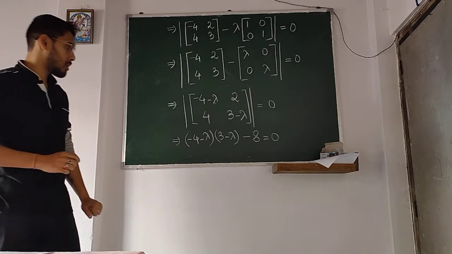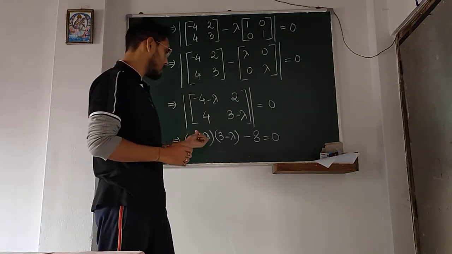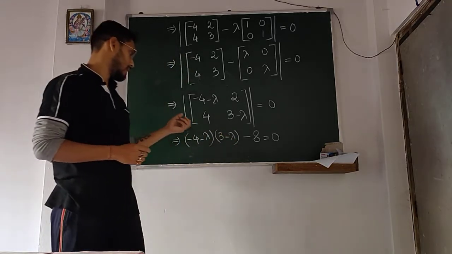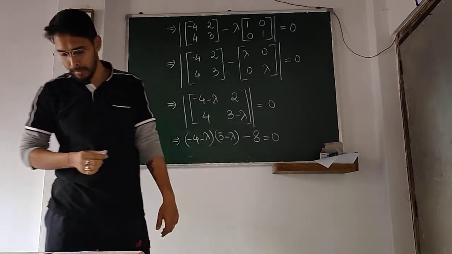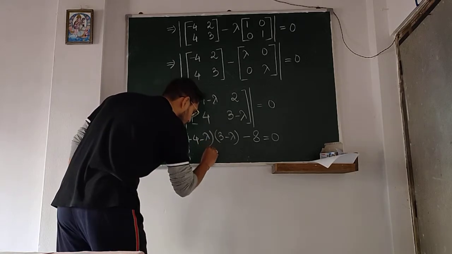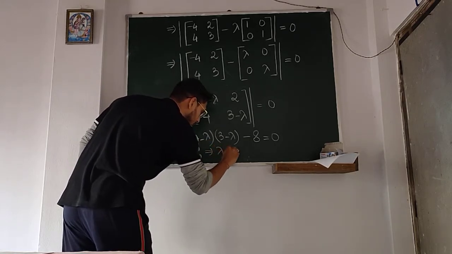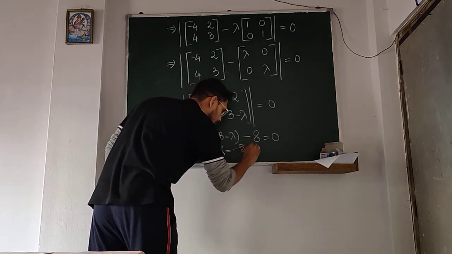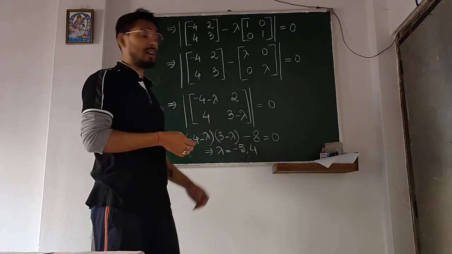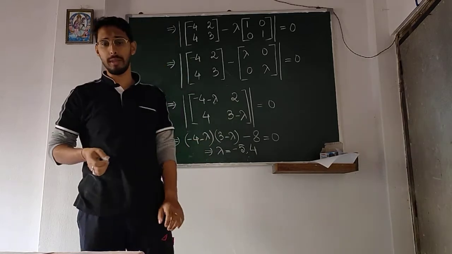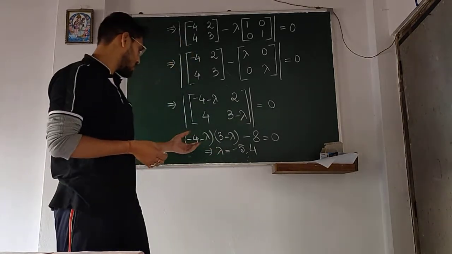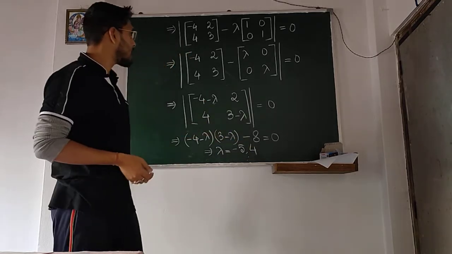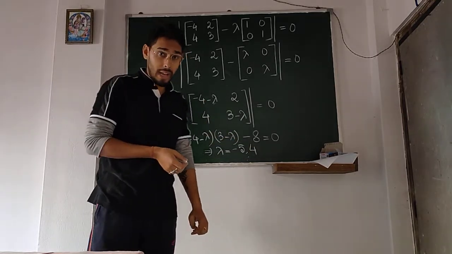So this becomes a quadratic equation in terms of lambda. So we can use factorization or Sridharacharya technique and we are going to find out the value of lambda. So from here if you follow the process, you will get lambda equals to minus 5 and 4. We are not doing the particular process because I believe you will be able to solve it. We are just focusing on the values of lambda. So these values are giving us the eigenvalues of lambda.